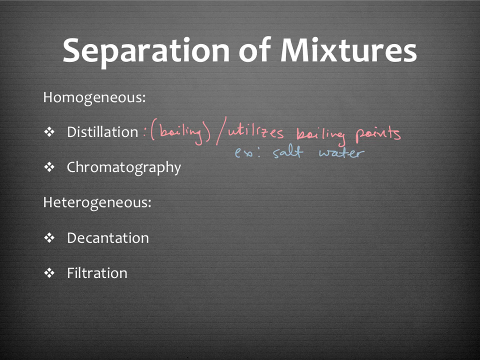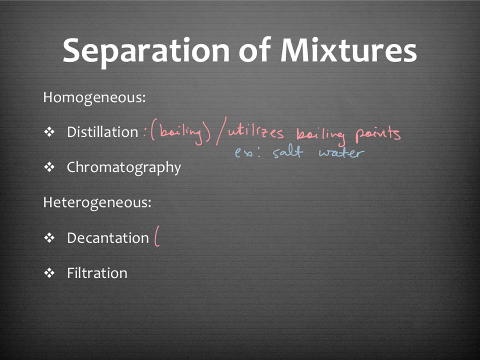All right, now let's talk about chromatography. So this is where mixtures are allowed to separate into layers. It could either be done in paper chromatography or gas chromatography, and you're going to see the different components of the mixture separate through this method. Now, heterogeneous mixtures can be separated by either decantation or filtration.